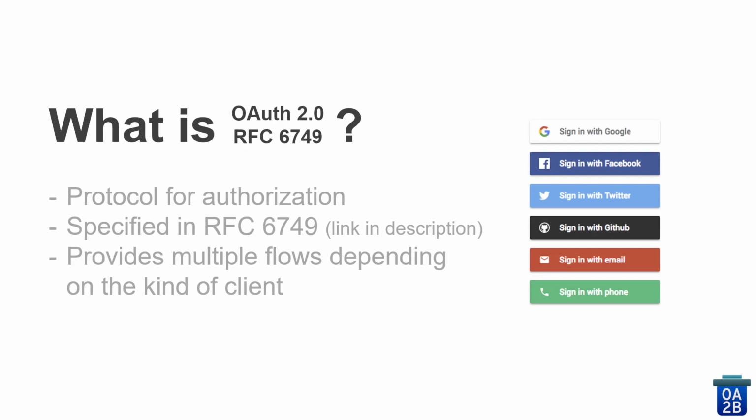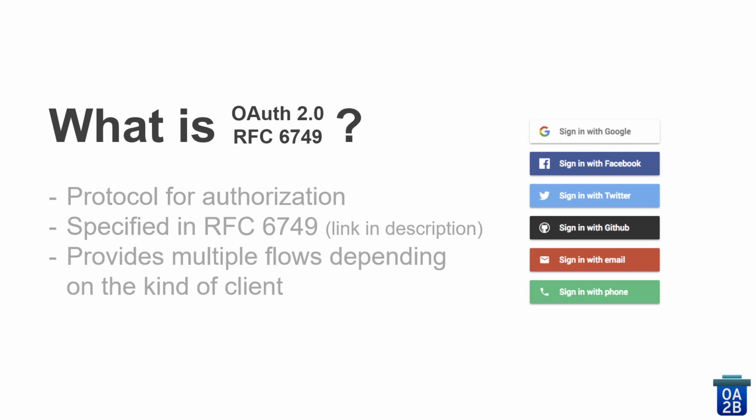So depending on what kind of client you're using, OAuth 2.0 offers a different flow. All you need to understand right now is that OAuth 2.0 powers these buttons online: sign in with Google, sign in with Facebook, and so on. We'll look at it again in more detail in the upcoming slides.